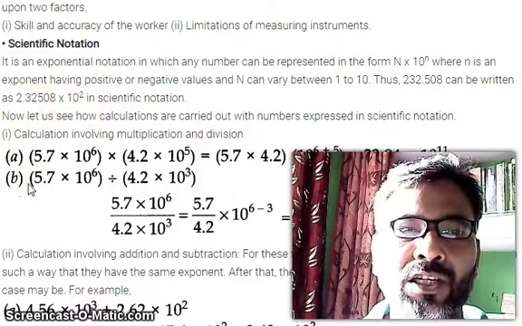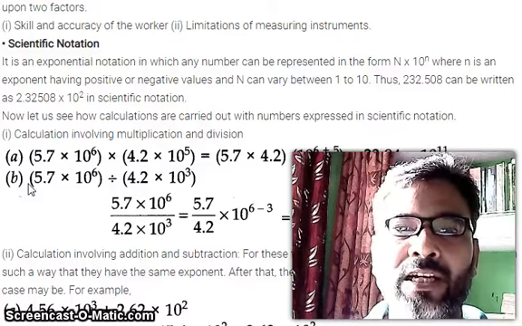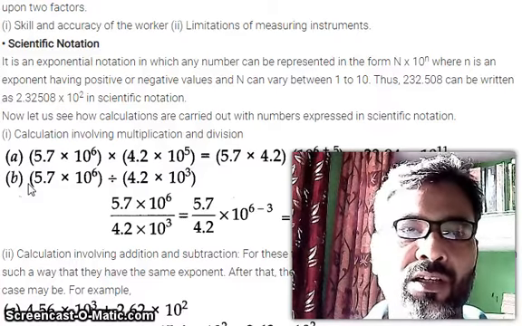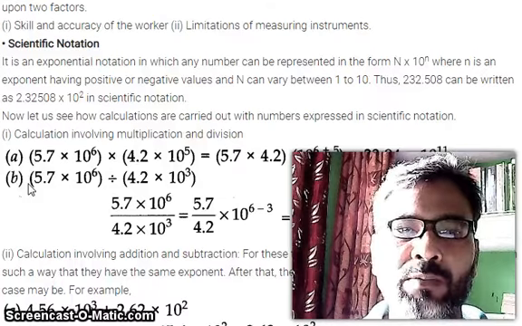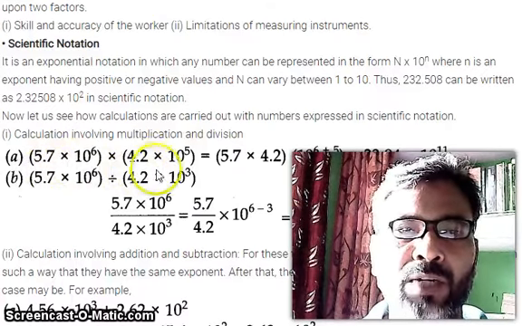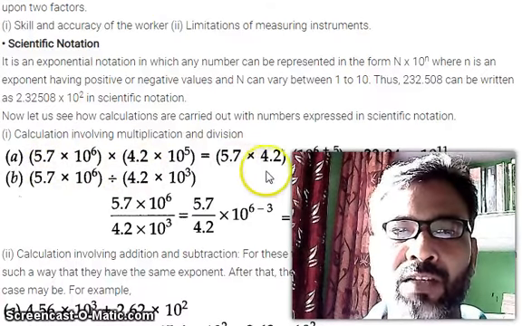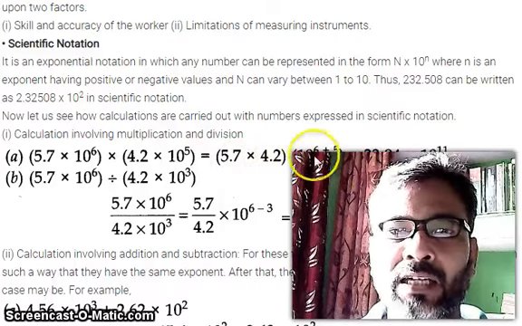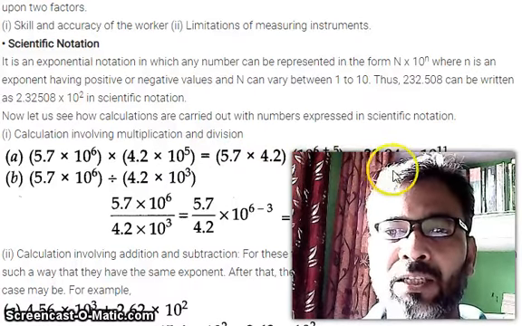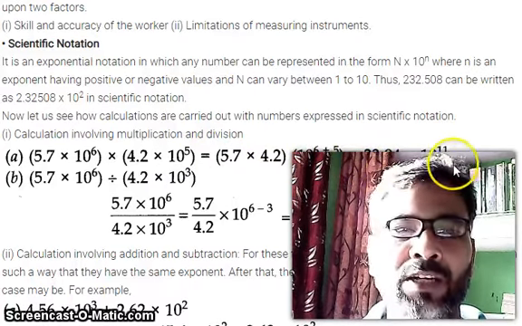Now let us see how calculations are carried out with numbers expressed in scientific notation. Calculations involving multiplication and division. 5.7 into 4.2 is equal to 23.94, and you see the powers will be added, into 10 to the power 11.